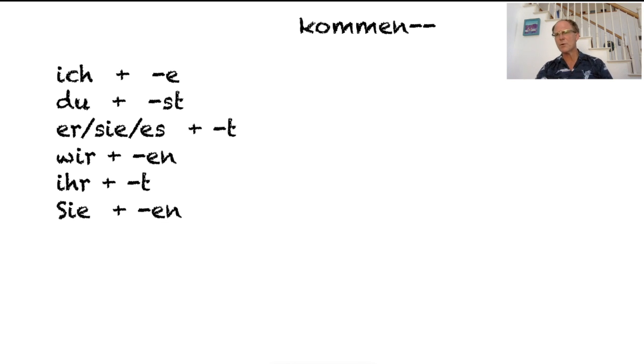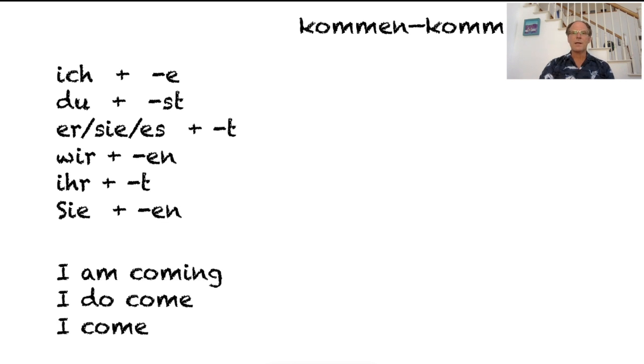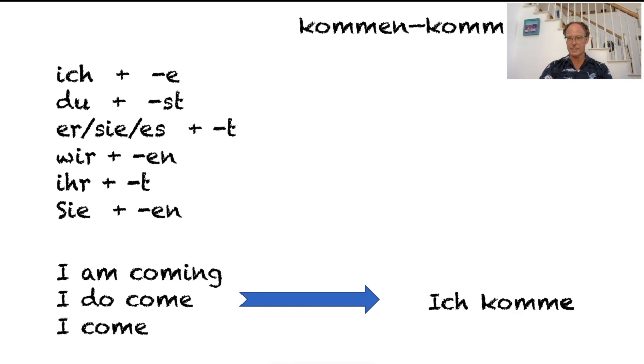Let's take the verb kommen, for example. The verb stem of kommen is komm. Now, if you want to say in German, I am coming, I do come, or I come, the only way to say that is ich komme.